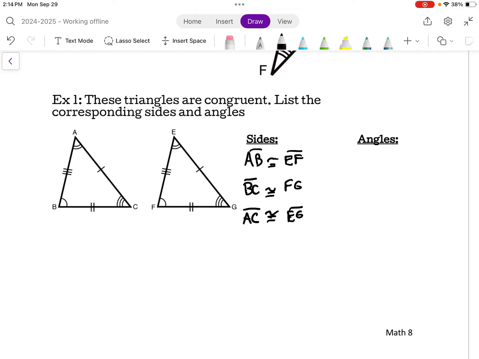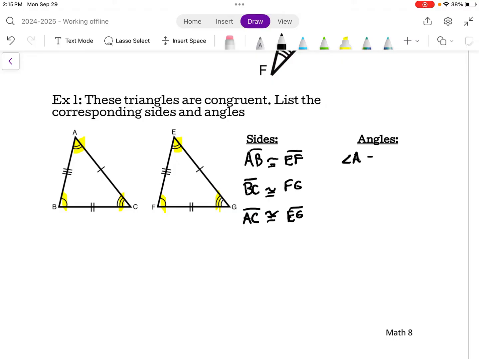And then when I'm looking at the angles, I'll highlight it this time. You can see that angle B is congruent to F, angle A is congruent to E, and then angle C is congruent to G. And the way that I would write that mathematically is with the little angle sign.